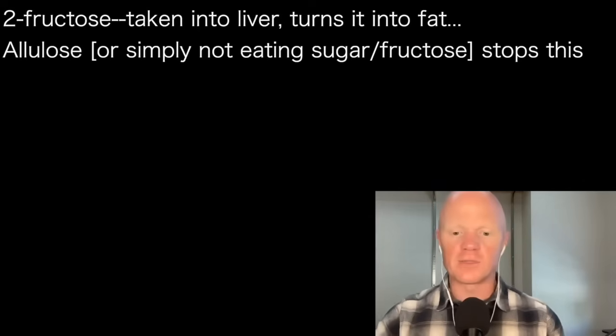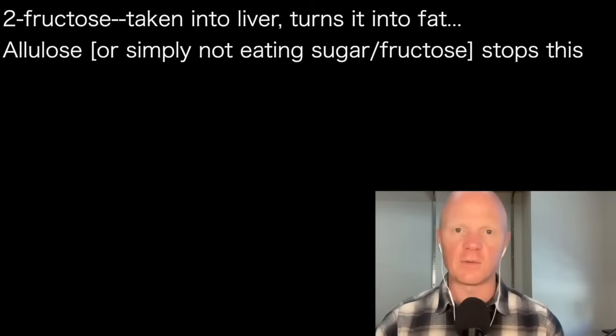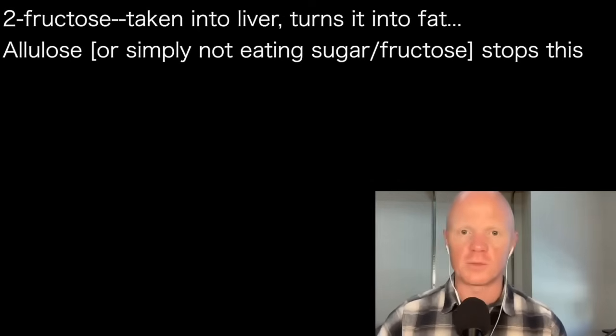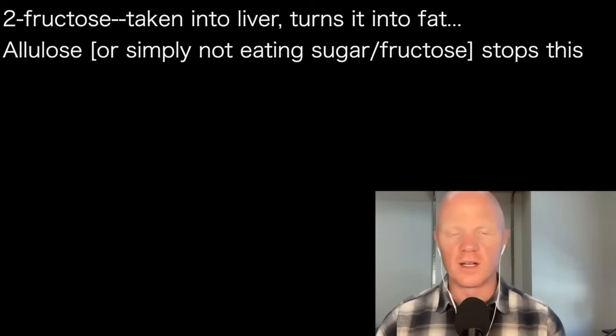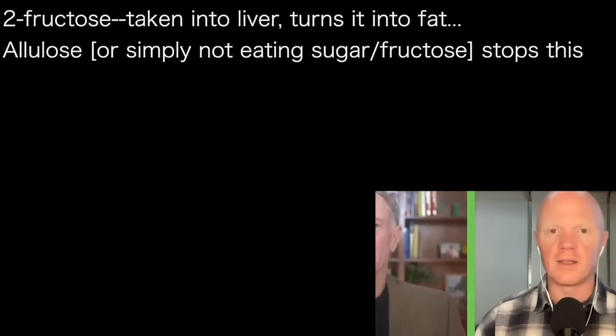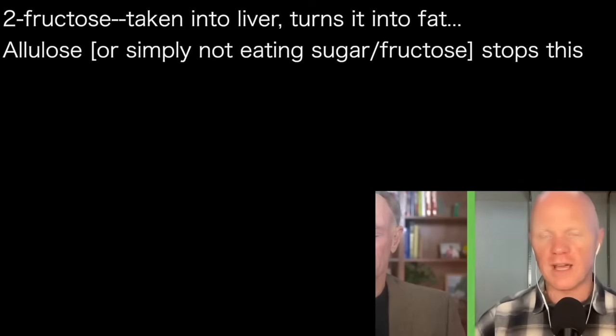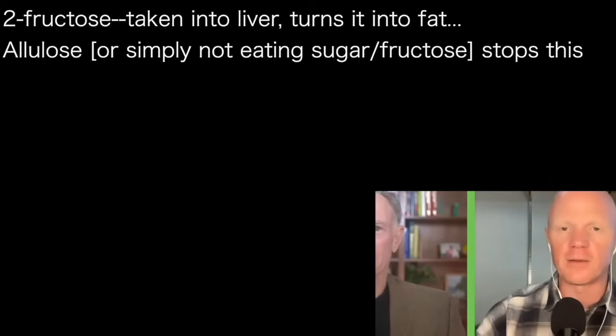And so that becomes a direct contributor where if someone's eating fructose-heavy sweeteners or sugar, or any other form of it, then that fructose is directly contributing to turning into fat within the liver. But if that fructose-rich sugar has been replaced with a rare sugar like allulose, then you are no longer getting it. And rather than having the building block for fat, in contrast, you're activating AMPK in the liver, which will promote fat oxidation, or the burning of the fat. So then you begin literally resolving the problem rather than contributing to it.